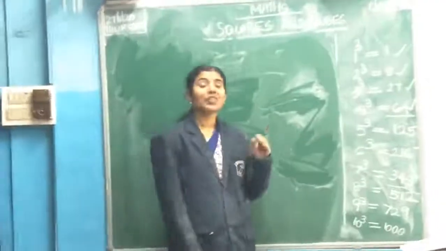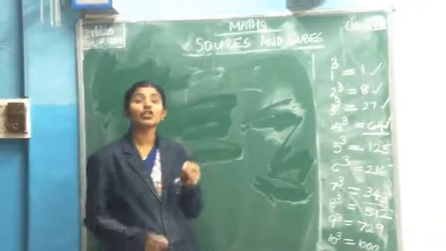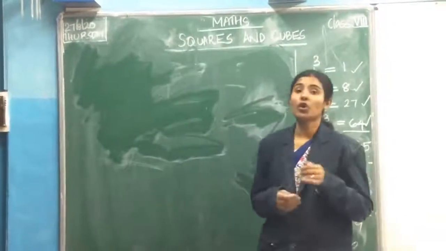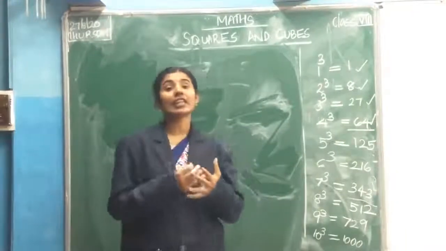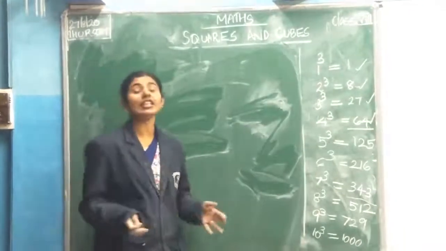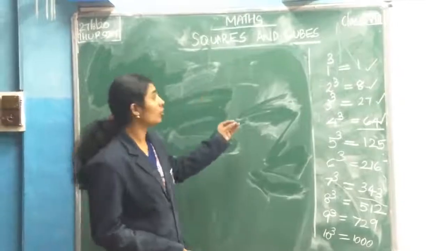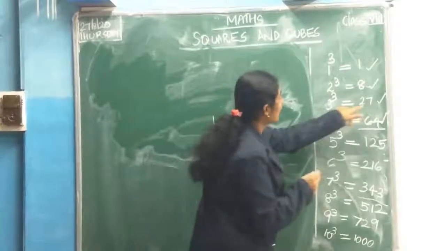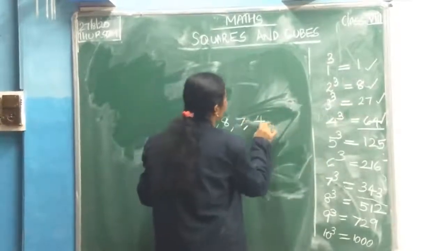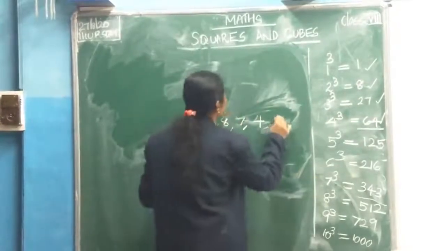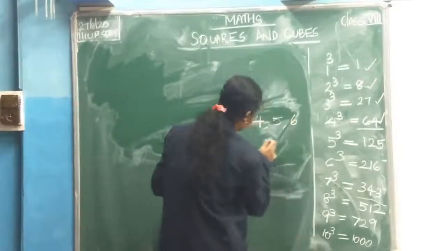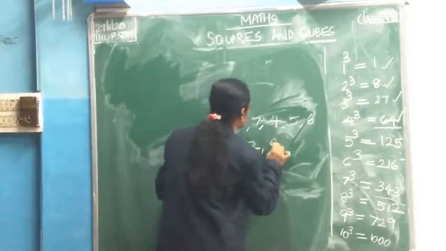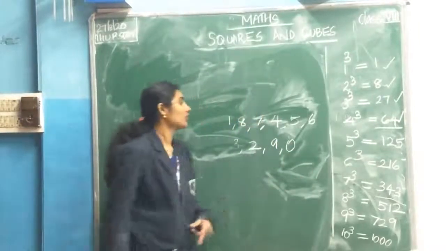Now you see, the next question is, you should find which unit digits you get for perfect cubes. When you are taking the cubes of any number, you will get the unit digits 1, 8, 7, 4, 5, 6, 3, 2, 9, 0.